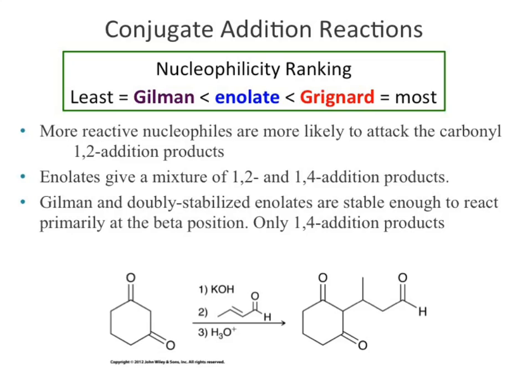Your Gilman reagents, your copper reagents, your alkyl coppers, have been stabilized significantly enough that they will start to favor the 1,4 addition, because we can do a reverse reaction for our 1,2, since our 1,2 doesn't have that resonance stabilization, whereas the 1,4 does. A bit tricky. Questions?